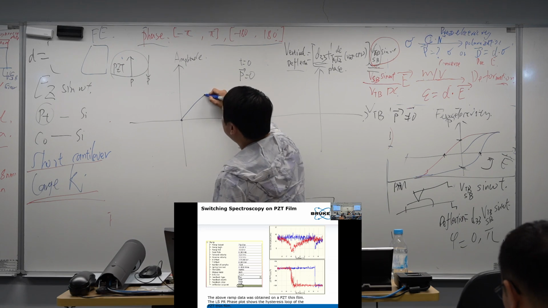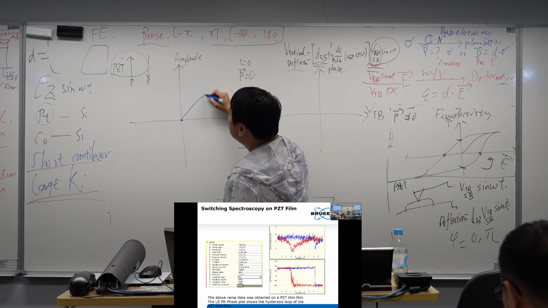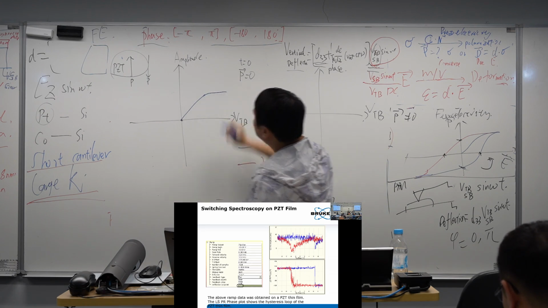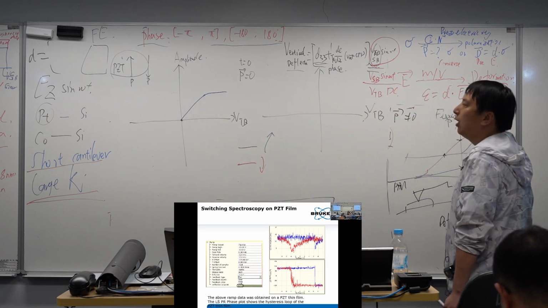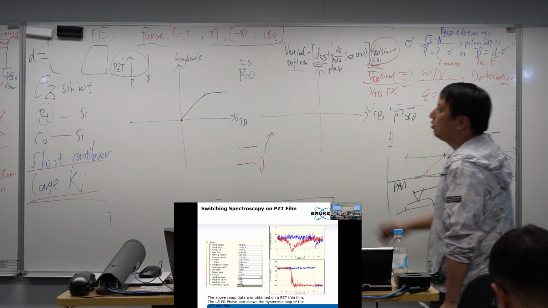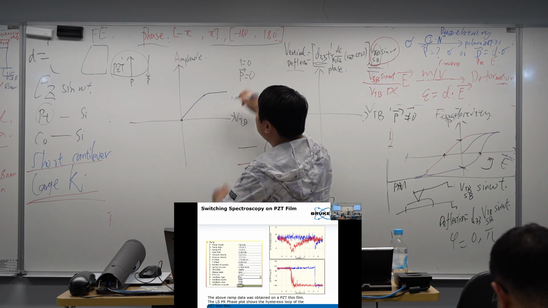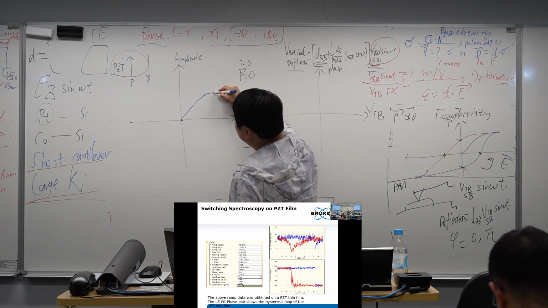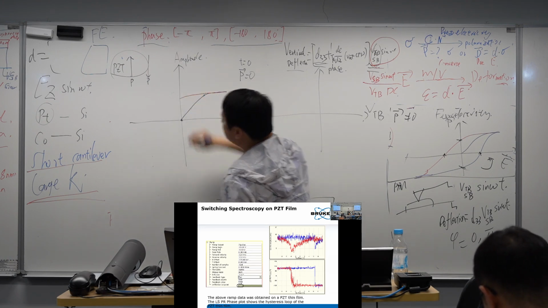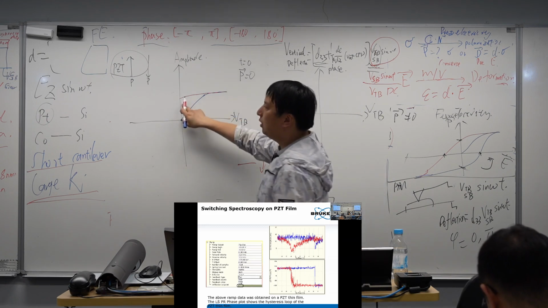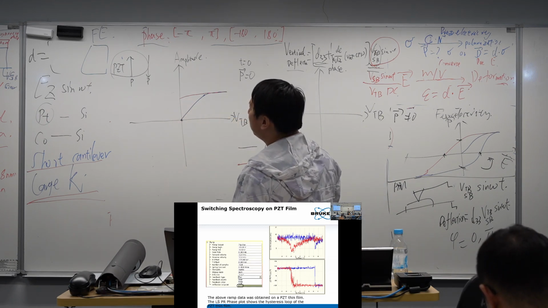At this point, it's 100% up. So my amplitude should slowly increase, right? And then I reduce the voltage. It follows this line, goes to here. This point is the intrinsic polarization.